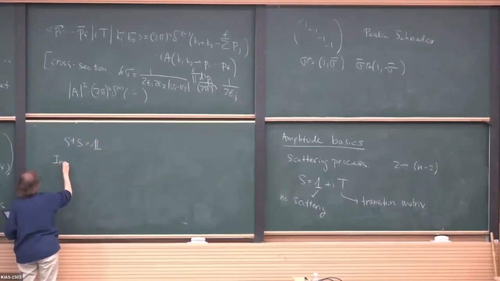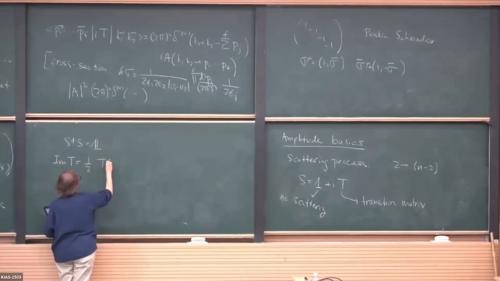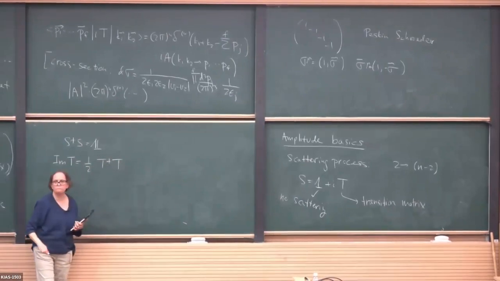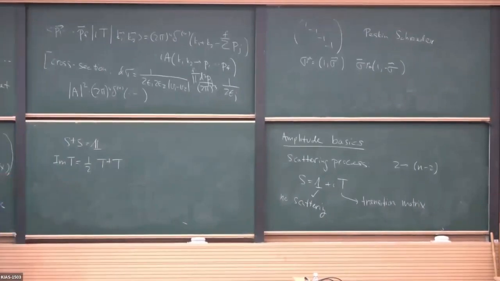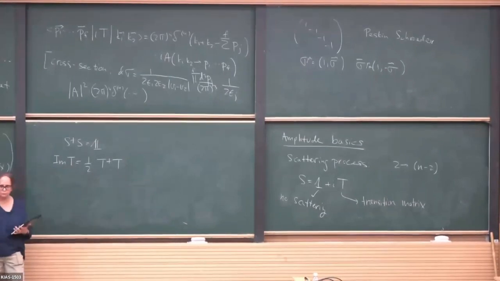And that tells you that the imaginary part of T is equal to 1/2 T dagger T. So it relates the imaginary cuts of this T to the square of T. Okay, so we'll come back to this.